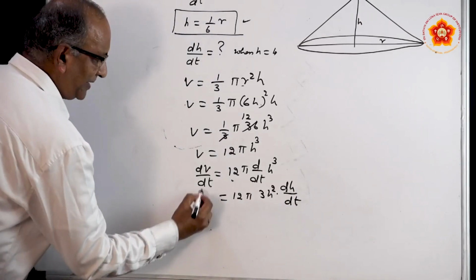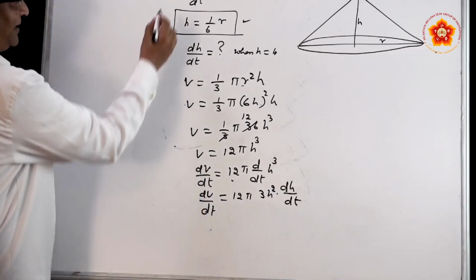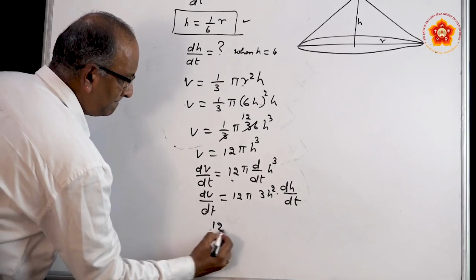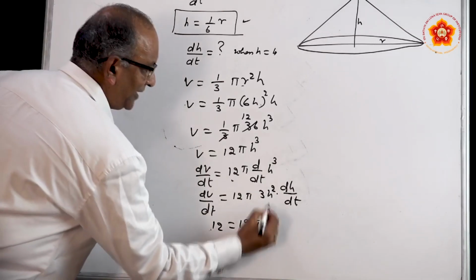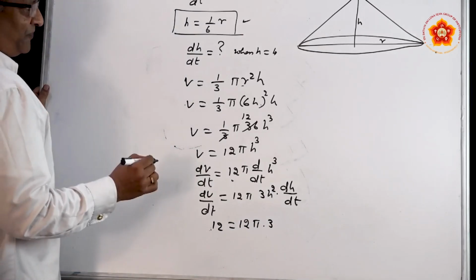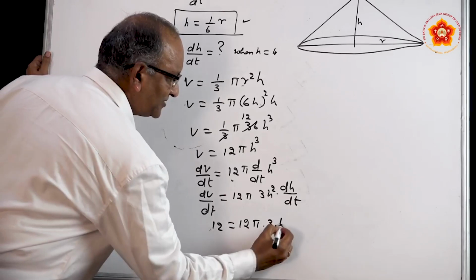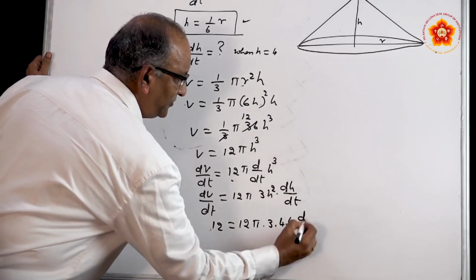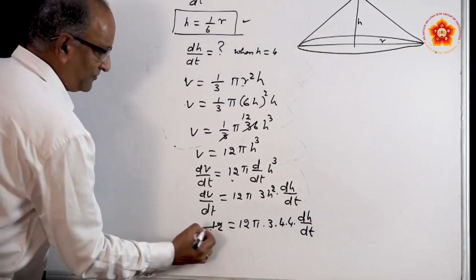This is dv by dt. Substitute the values. dv by dt is given as 12, equal to 12 pi into 3h square into dh by dt. He is asking us to find out dh by dt when h is 4. So, substitute the value of h as 4, 4 into 4 into dh by dt. Cancel the terms, 12 and 12 get cancelled.